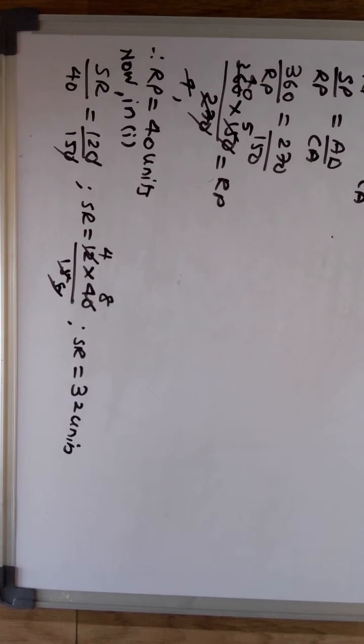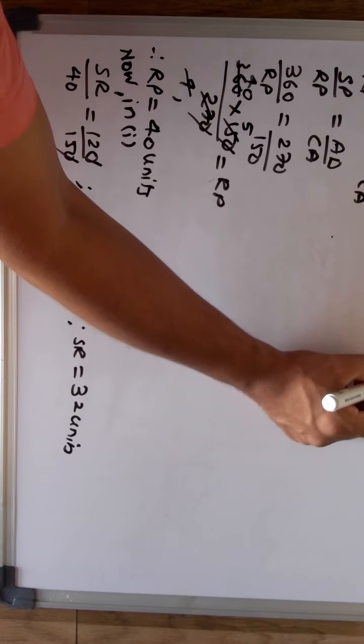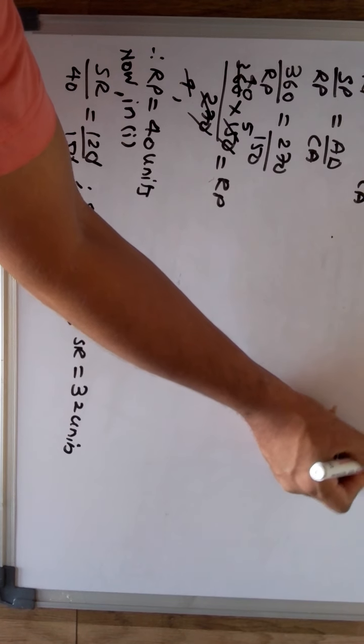Right? Now SR is 32, RP is your already 40. Now you want RQ. Okay, so to find RQ, directly take here SD parallel to RC parallel to QB.